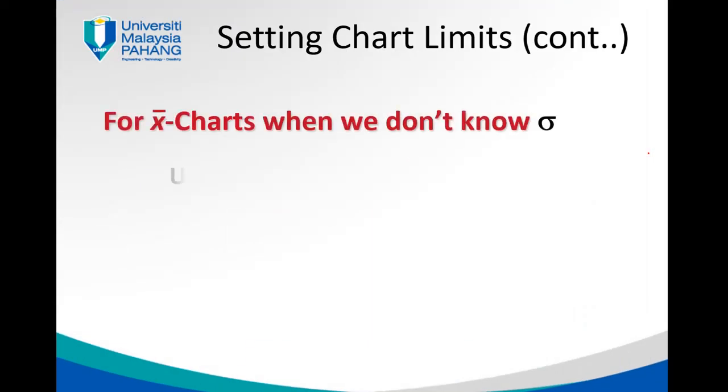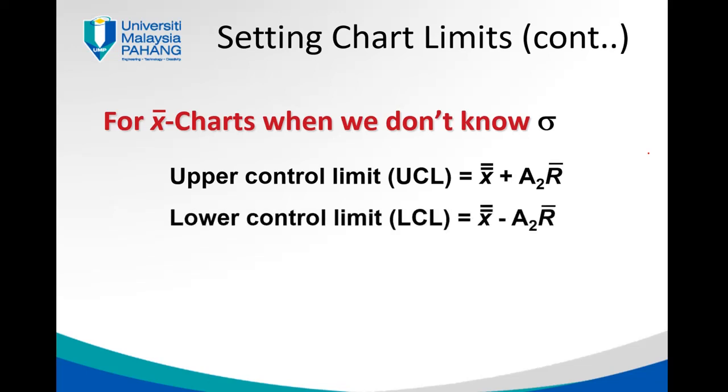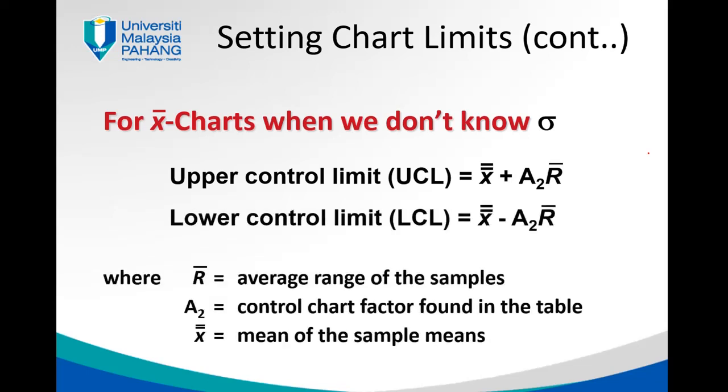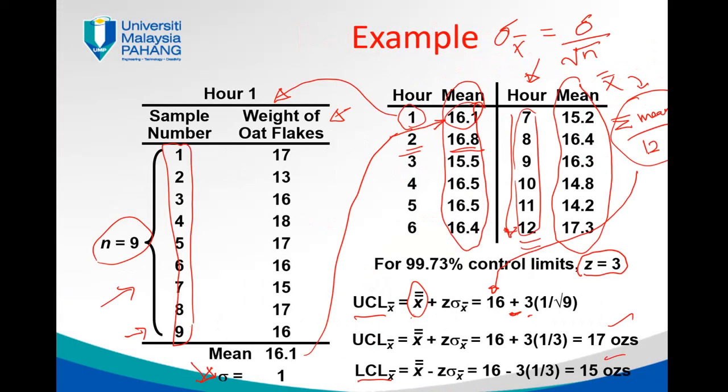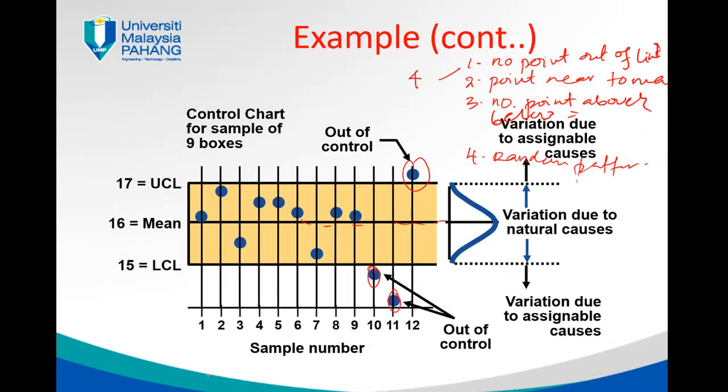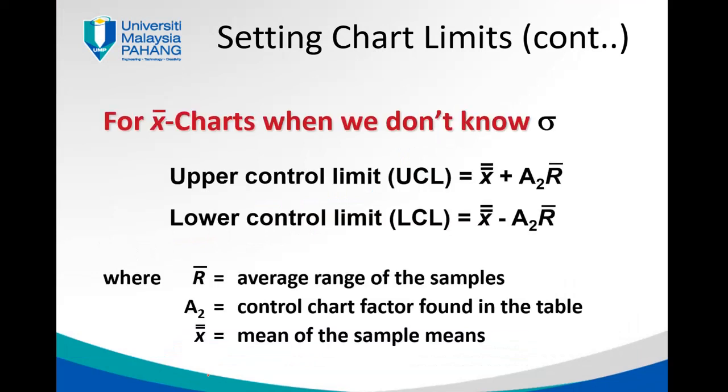Next is the X bar chart when we don't know the sigma. Previously in this example the sigma or standard deviation has been given, but in the case that we don't know the sigma, this is the formula: upper control limit is x double bar plus A2 R bar, lower control limit is x double bar minus A2 R bar.